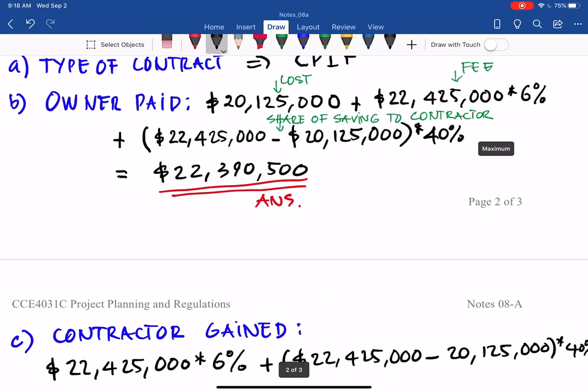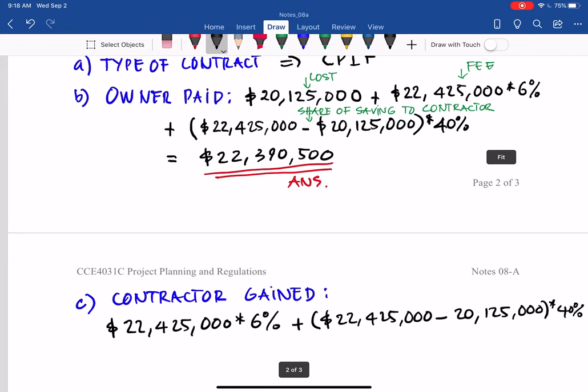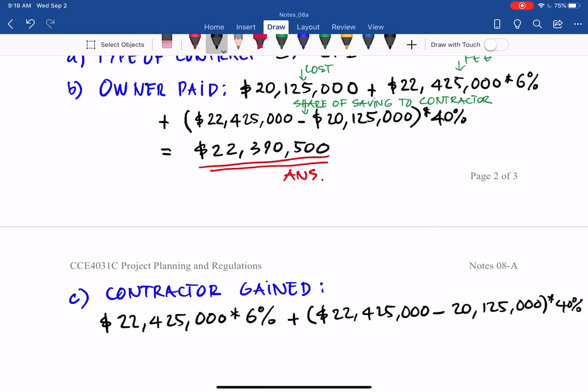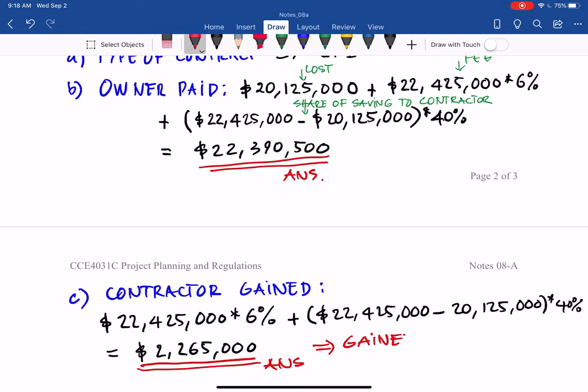Basically, these are the last two components in the owner paid, because the cost, no one gets it, it's just spent for the project. So it will be 2,265,000, and it's positive. So you can see that is a gain, a positive profit.